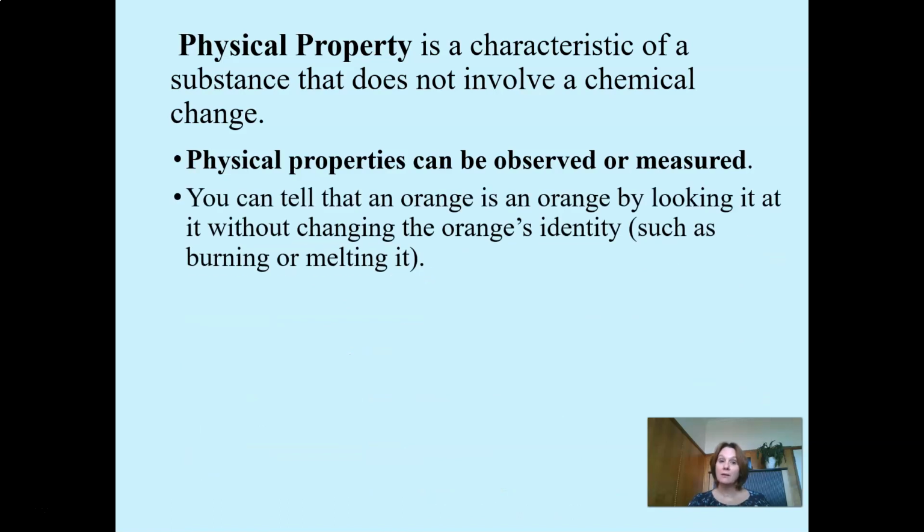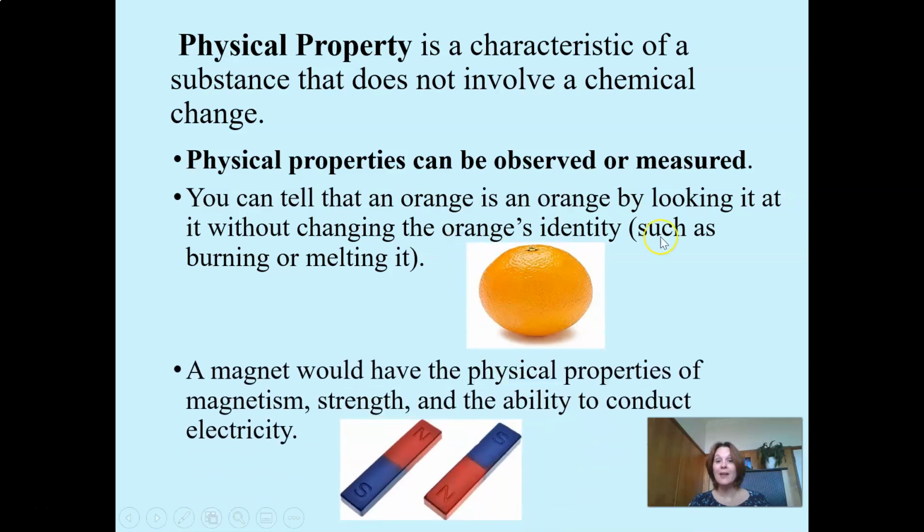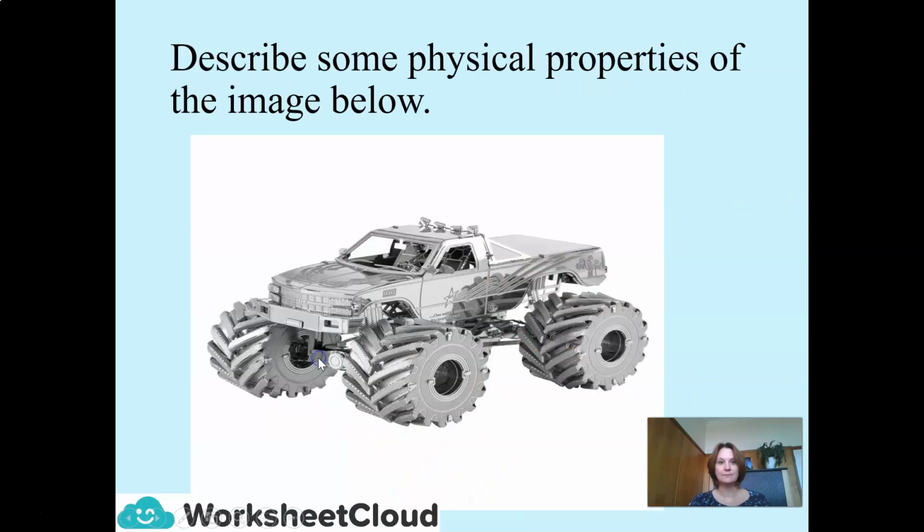You can tell that an orange is an orange by looking at it without changing the orange's identity, such as burning it or melting it. There you have your orange. A magnet would have the physical properties of magnetism, strength, and the ability to conduct electricity. Those are all physical properties.